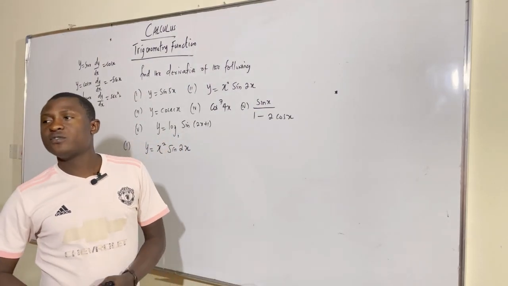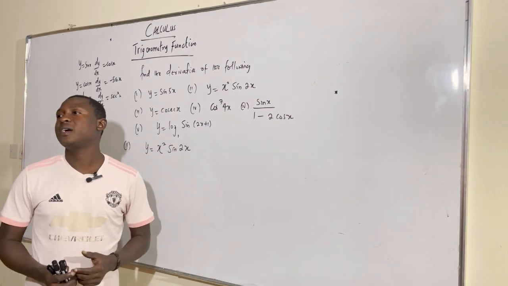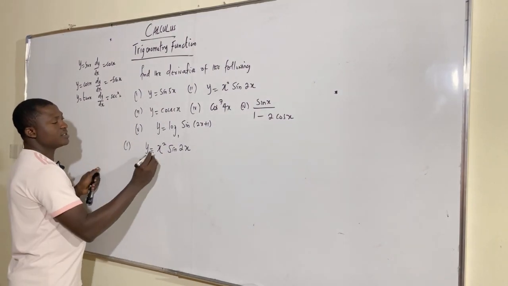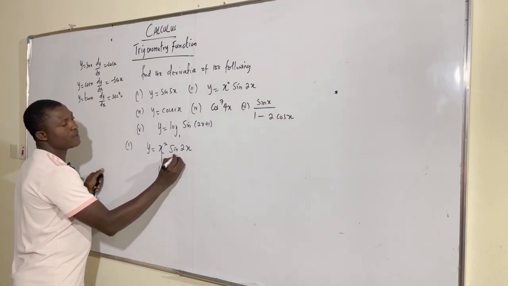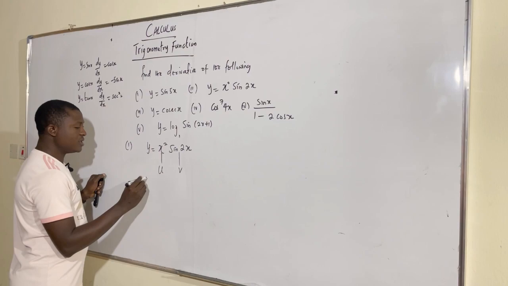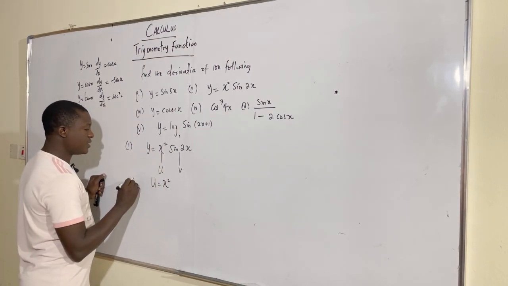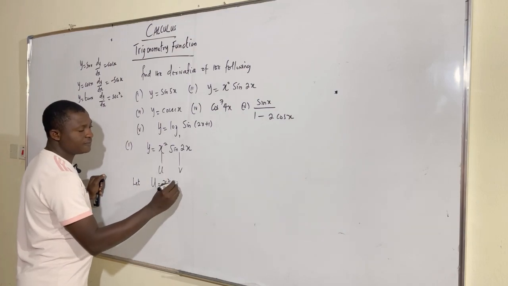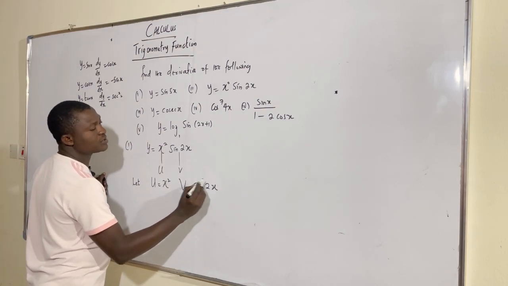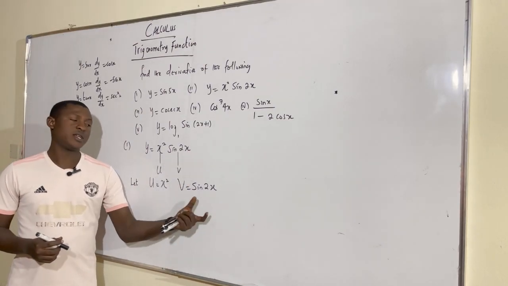So don't forget, if you have two functions, what method are we going to apply? Yes, we apply the product rule, since we have two. Let this one be u and let this one be v. This first one is going to be u, just like the product rule. So let u be x squared and let v be sine 2x.